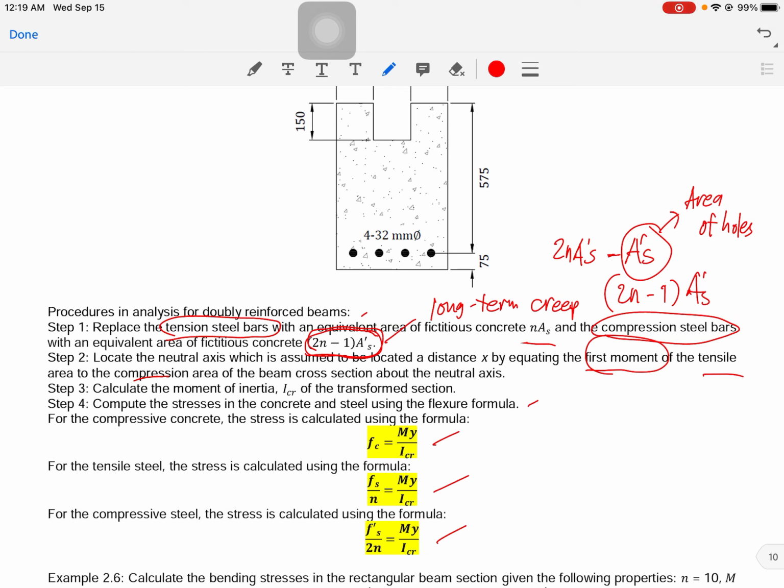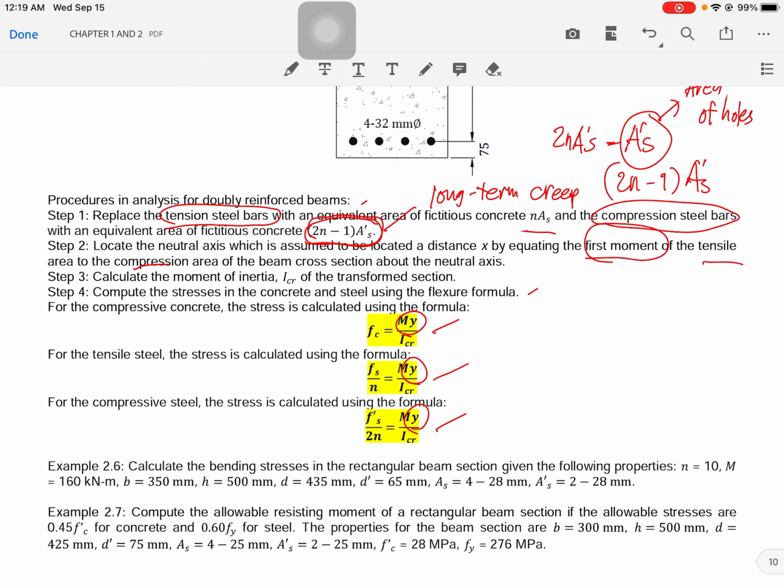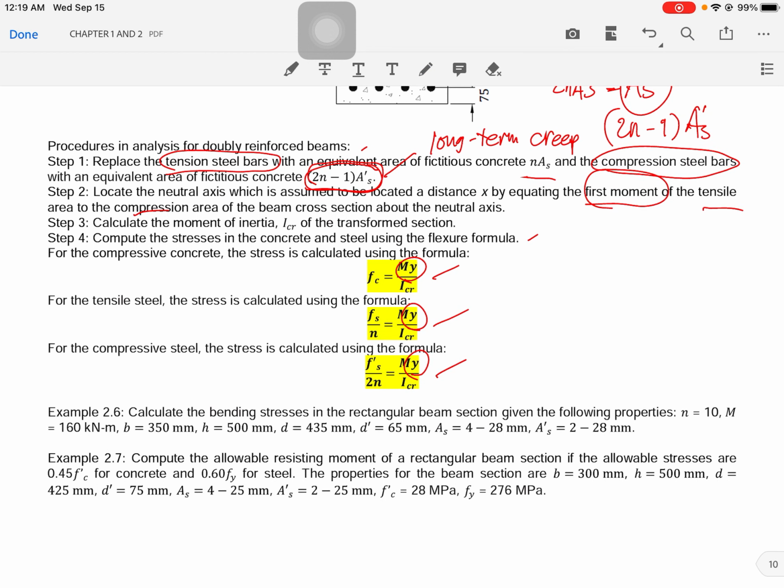Take note, guys, that this y variable has different values. You will know later as we solve problem 2.6.